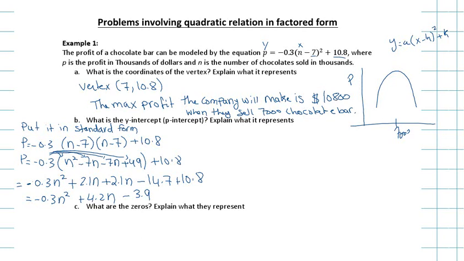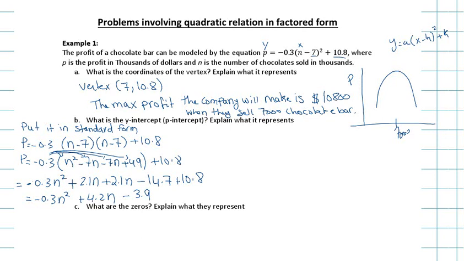So, what can you tell me about the y-intercept? It's a negative 3.9, right? So that's negative 3,900. If it's negative 3,900, what's their profit? Are they making a profit or are they losing money? This is your y-intercept.